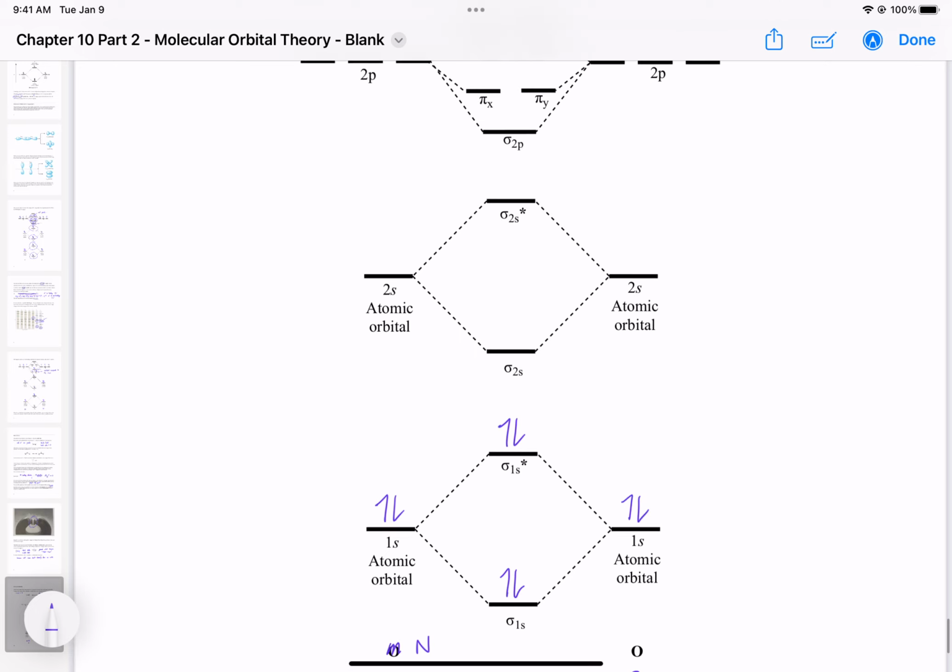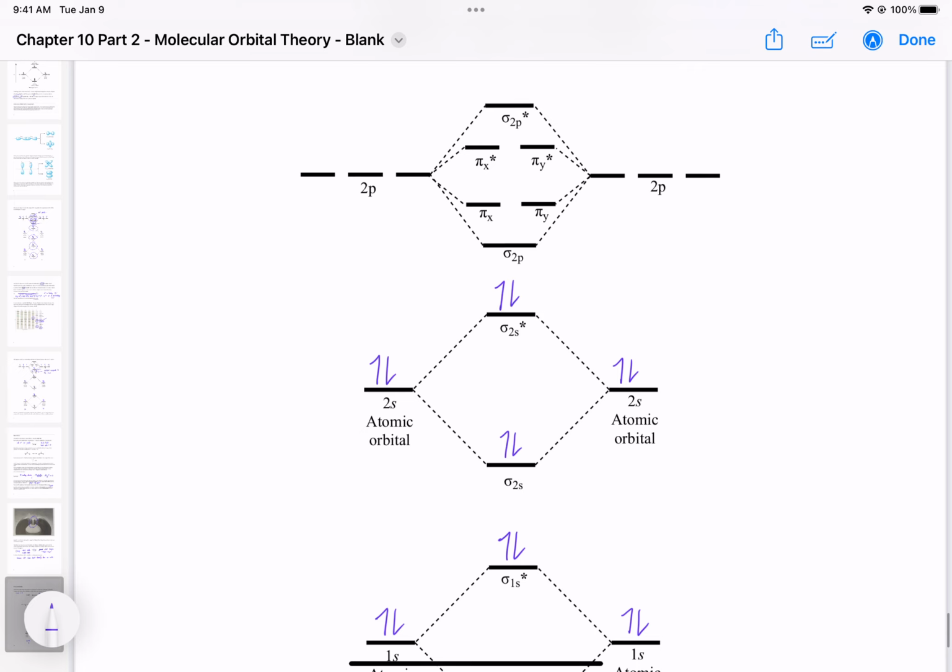Fill our diagram here. Nitrogen will have 3 p electrons, while oxygen will have 4. All right, so let's fill these up. 1, 2, so a total of 7 electrons.